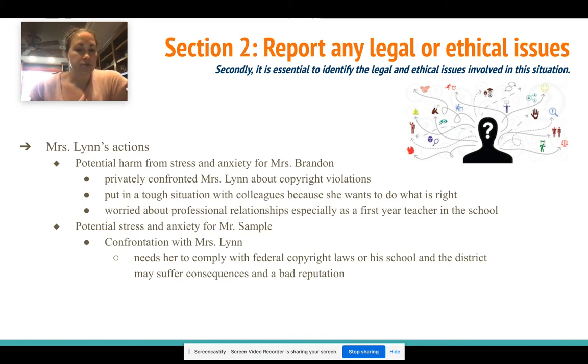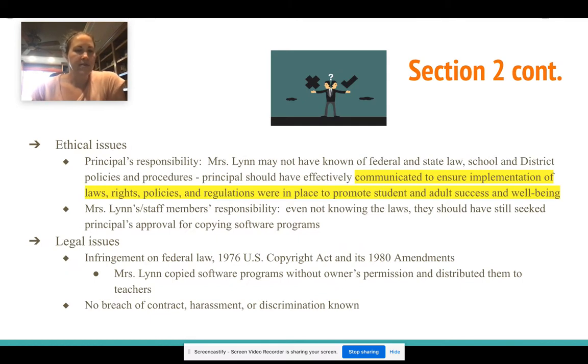There's potential stress for myself. I have to confront Mrs. Lynn, and I need her to comply with federal copyright laws, or my school and the district may suffer consequences and have a bad reputation from this. Ethical issues.